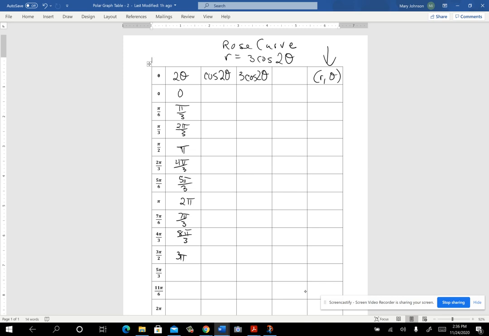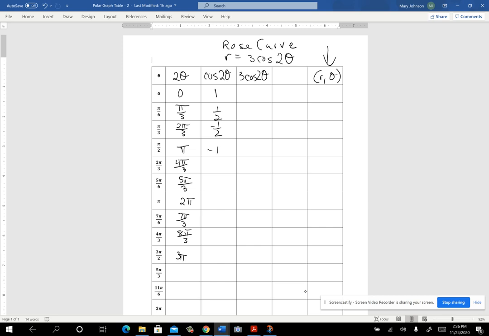So you'd think, okay, I need cosine of 0, and cosine of 0 is 1. Cosine of pi over 3, that's really 60 degrees. The cosine is just a half. 2 pi over 3 is in the second quadrant, so it's -1/2. Cosine of pi is -1.